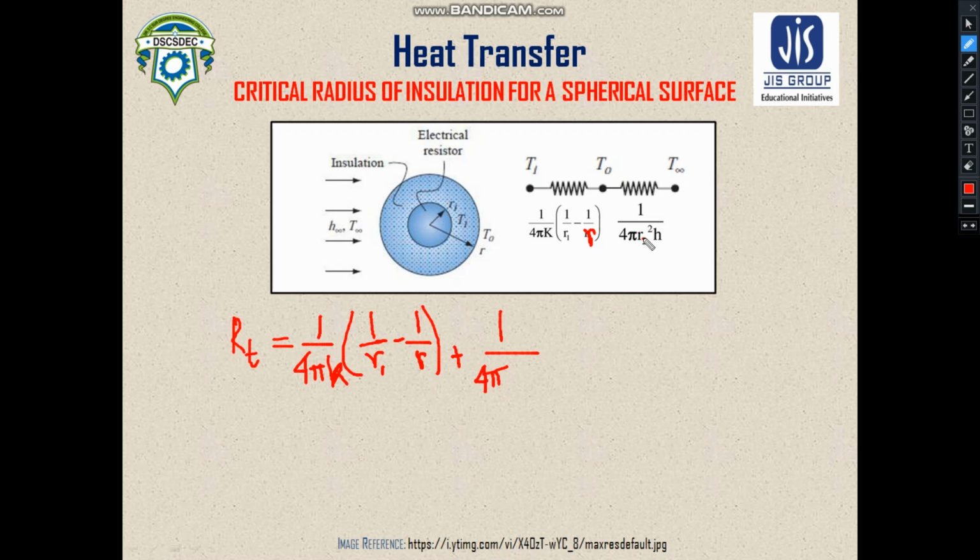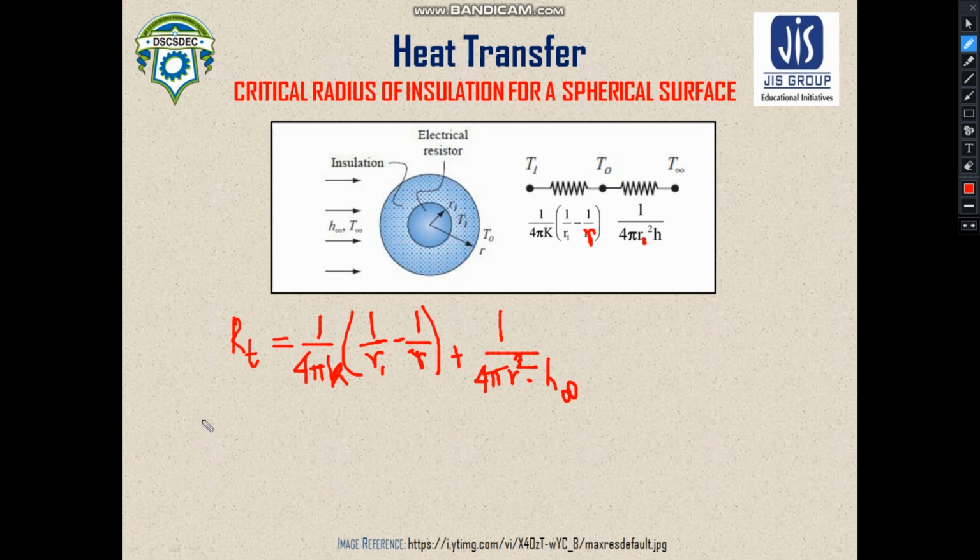Again we need to change it; this would be only R according to the diagram, please keep in mind. H infinity means the convective heat transfer coefficient for the outside surface. Now you know what the process is.